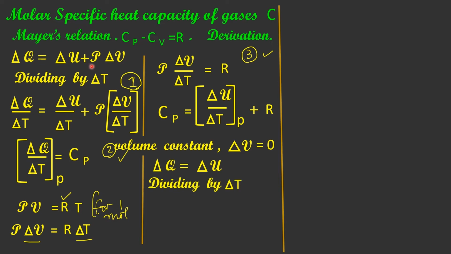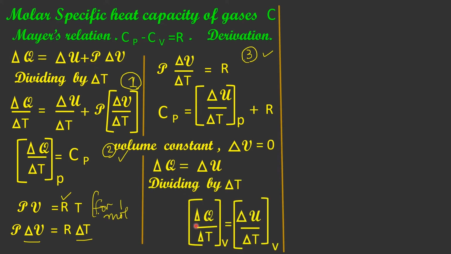Now, dividing both sides by delta T, we get delta Q by delta T at constant volume, because we have kept the volume constant, is equal to delta U divided by delta T at constant volume. How did we get this? Let me repeat. We have divided this equation by delta T. Both sides are divided by the same quantity, so the equation does not change. So the values do not change.